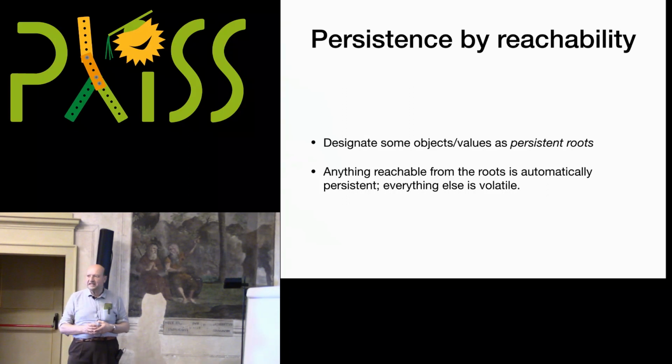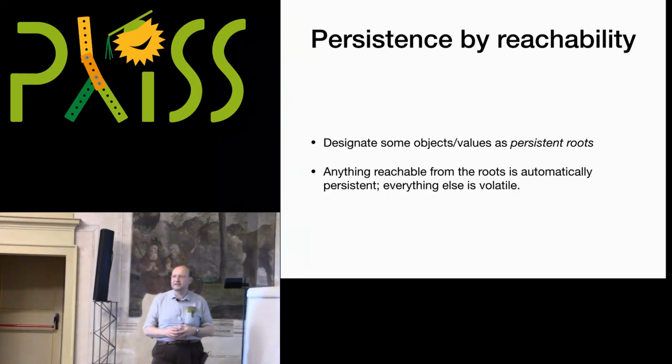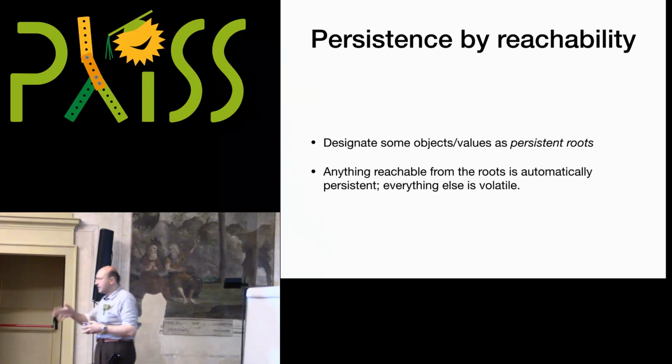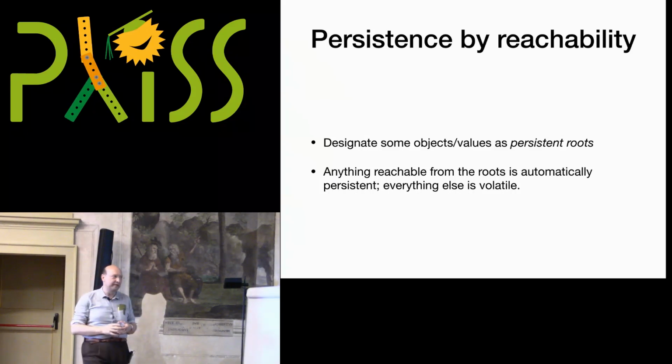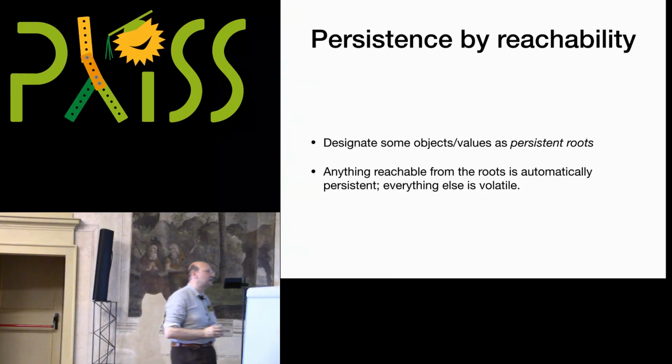And once we've said that in our code explicitly, those things are placed in persistent memory, and anything that's reachable from those things is also placed in persistent memory. One of the benefits here is that if you want to take some existing code and make it run in this world, then all you have to do is sprinkle in the persistent roots, and the system takes care of everything else. And that looks very, very attractive, at least initially.